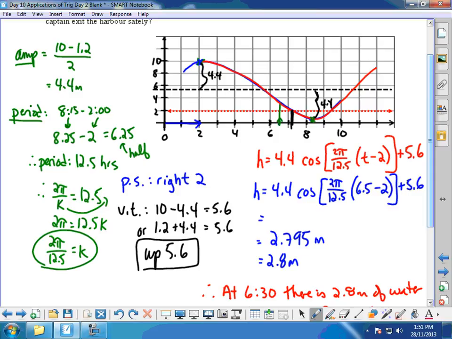So around 7 o'clock you're fine. If he misses that 7 o'clock deadline, his boat's going to be on the ground. And then he's going to have to wait until right here. Again, a pretty cool question. When is that? 9:30ish or so, when there'll be enough water back in the bay or the cape in order to actually leave.